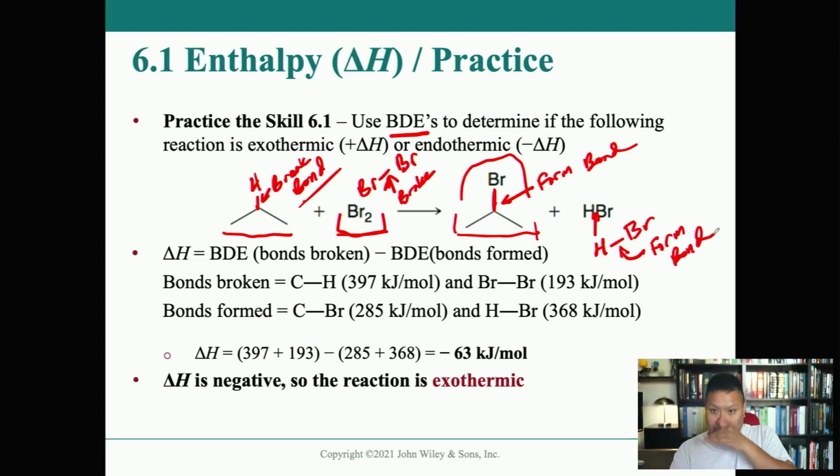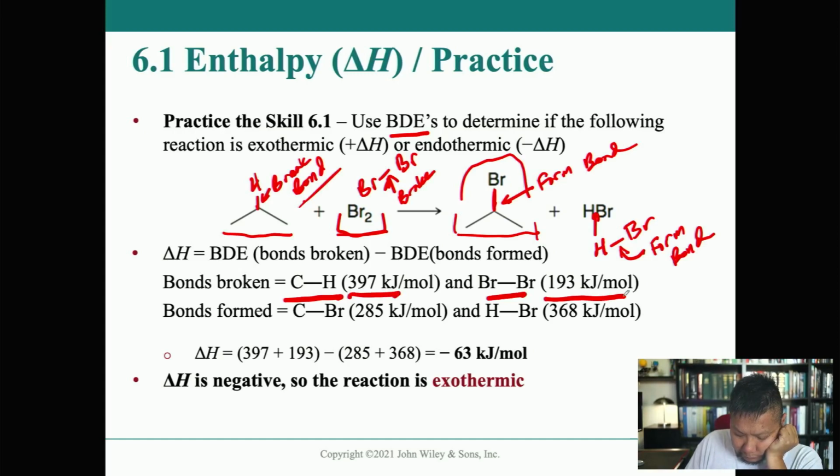Right, and you can actually look up all these different bond forming and bond breaking energies on that chart in your book. Okay, and so the bonds broken here equals the bond dissociation energy for carbon-hydrogen, which is 397 kilojoules per mole, and then bromine, which is 193 kilojoules per mole, right?